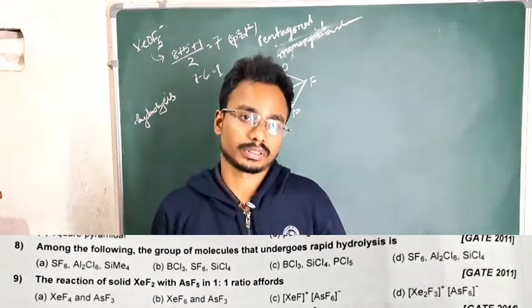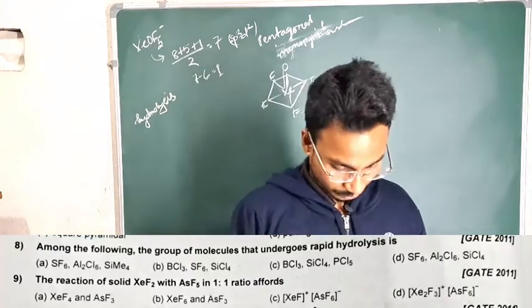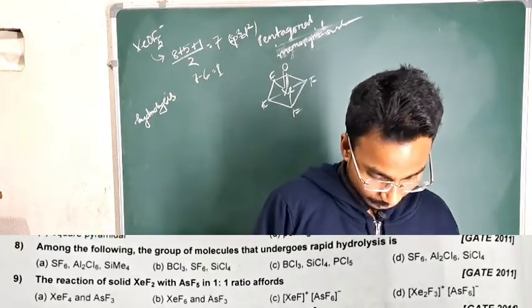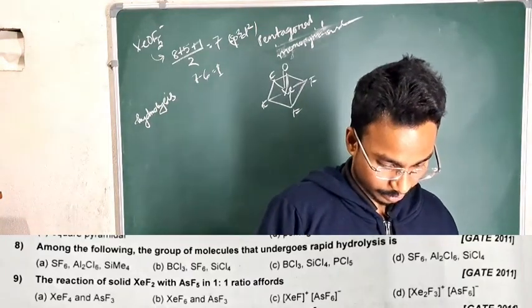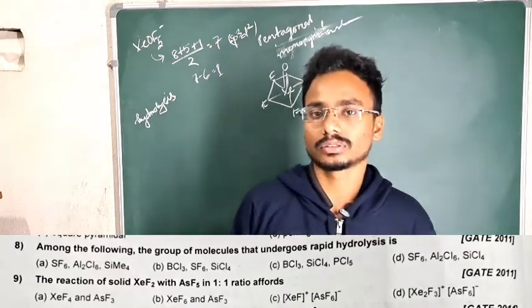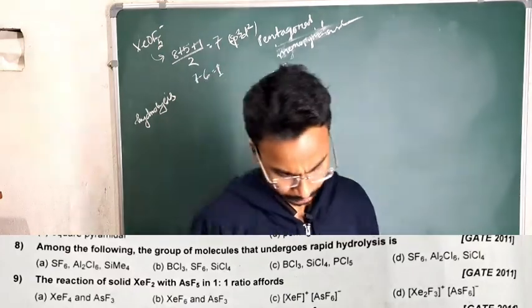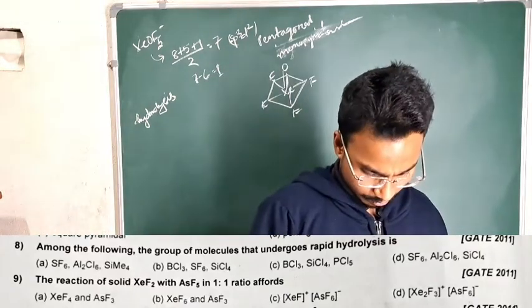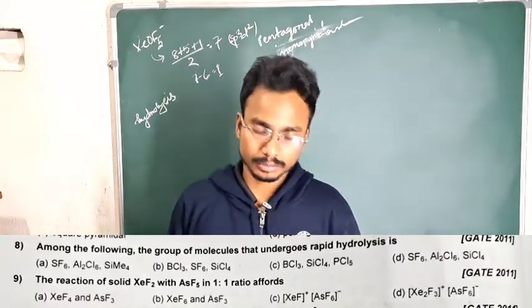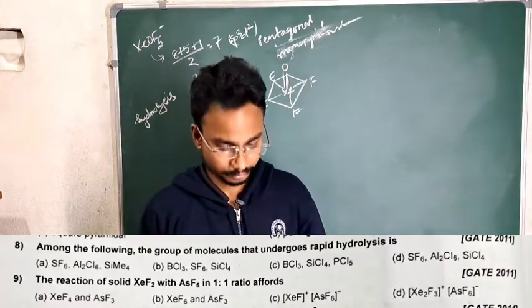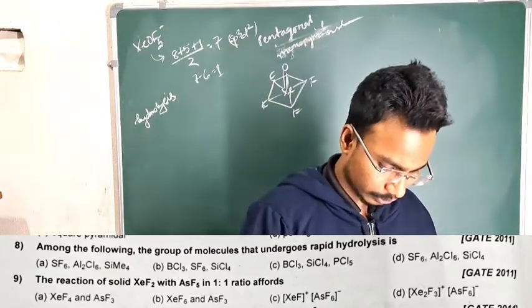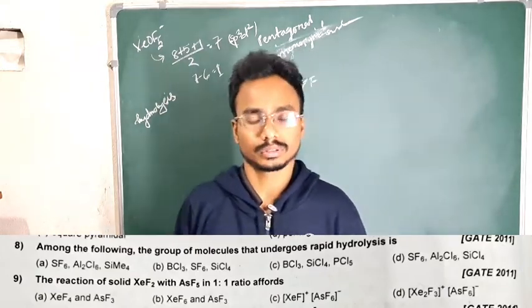Al2Cl6, it's a dimer, it is difficult to get hydrolyzed. Okay, SiMe3, no. Again CH3 groups are there, means it will create some steric hindrance. Okay, BCl3 will, because BCl3 has vacant orbitals, so water molecule can attack and replace all 3 chlorines.